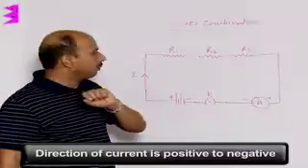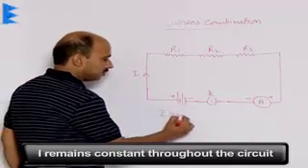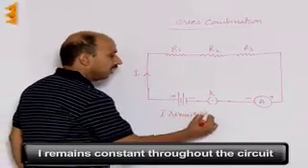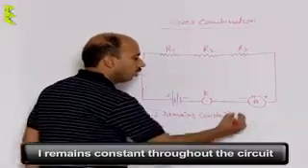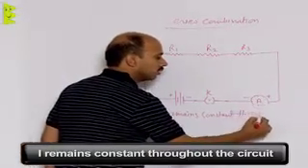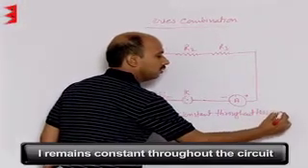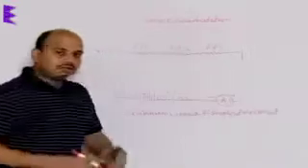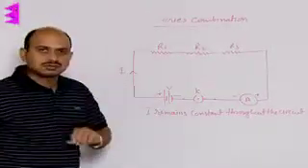So, in series combination, see here I remains constant throughout the circuit. It means unless you change V here, you cannot change the current.